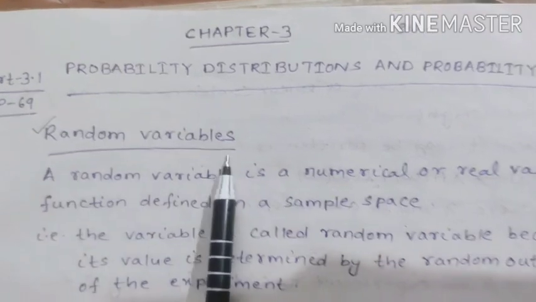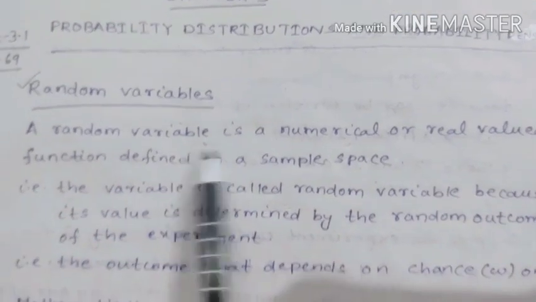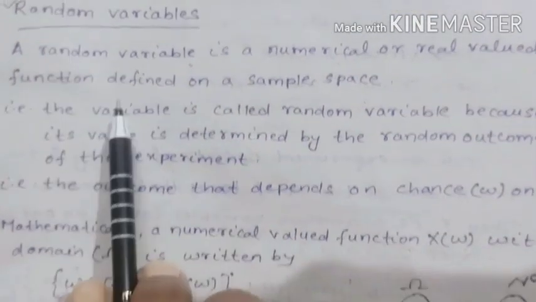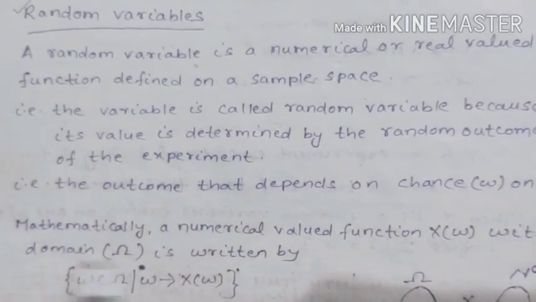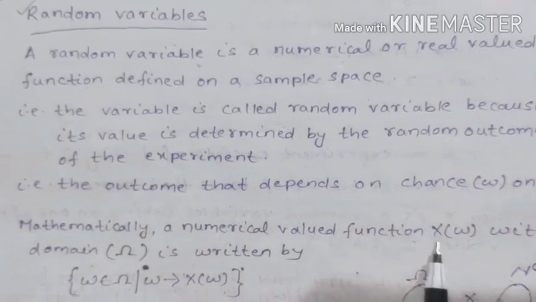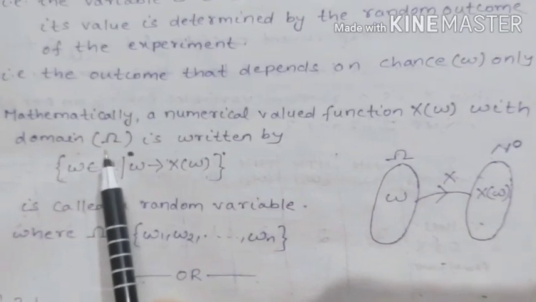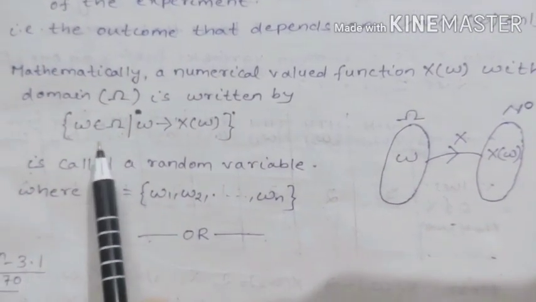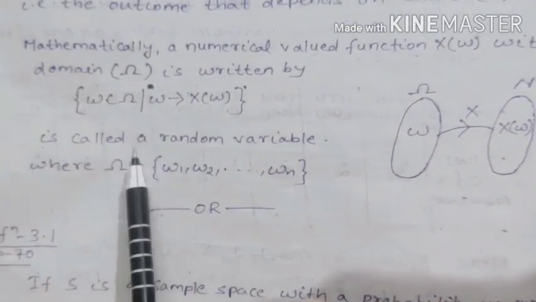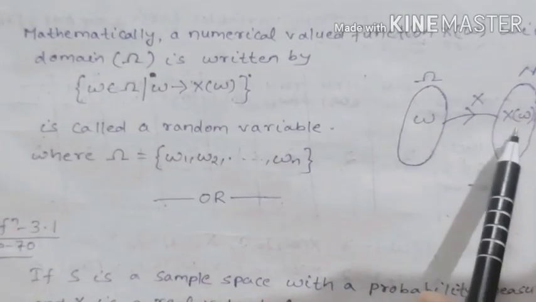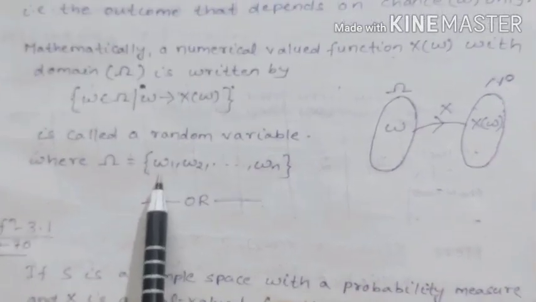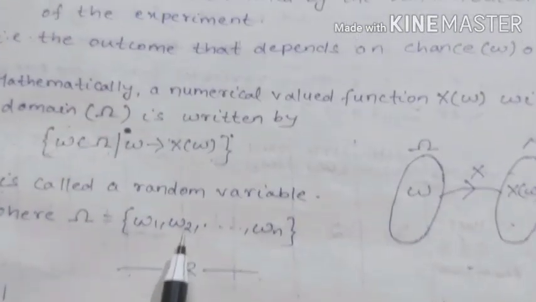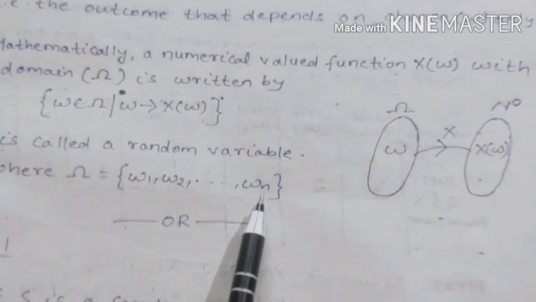What is a random variable? A random variable is a numerical or real valued function defined on a sample space. Mathematically, a numerical valued function X of omega with domain sample space omega, where omega belongs to that sample space, such that omega maps to X of omega, is called a random variable, where omega equals omega 1, omega 2, ..., omega n.